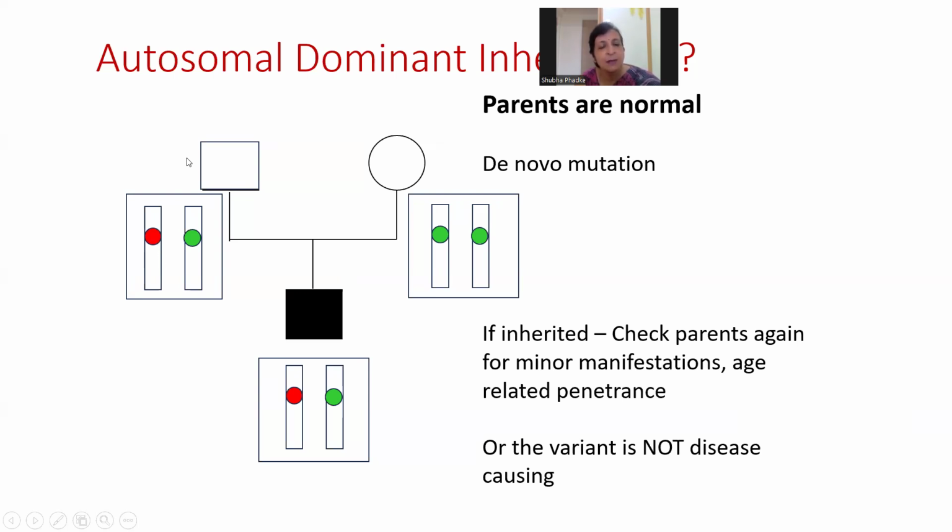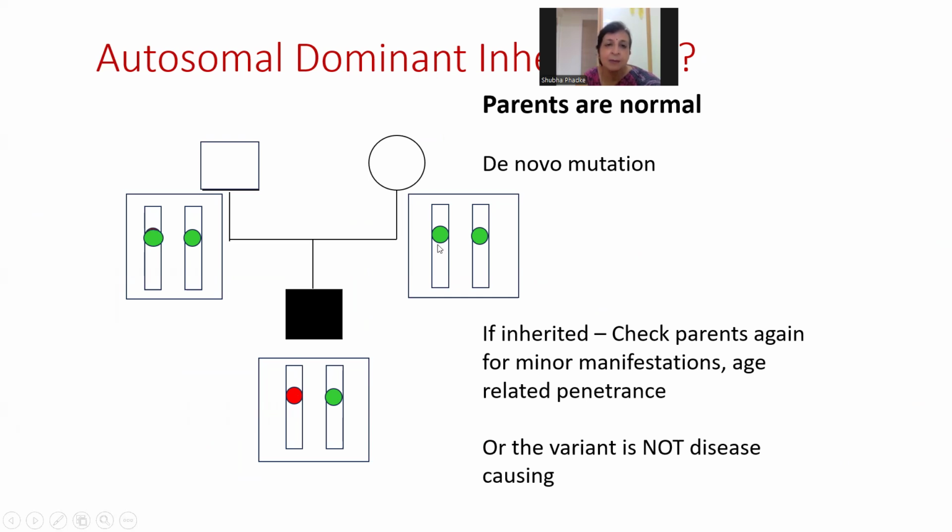So you have to examine the father carefully if he has some features of that particular disorder, or we can interpret that probably this variation is not disease causing. So again, all these points are to stress that trio exome is important for interpretation.